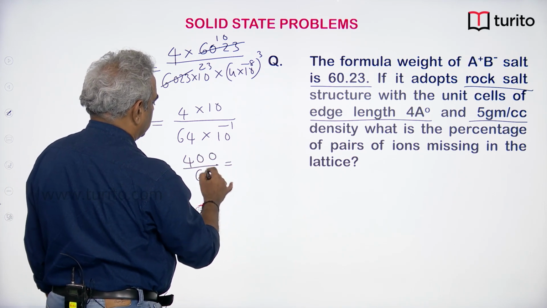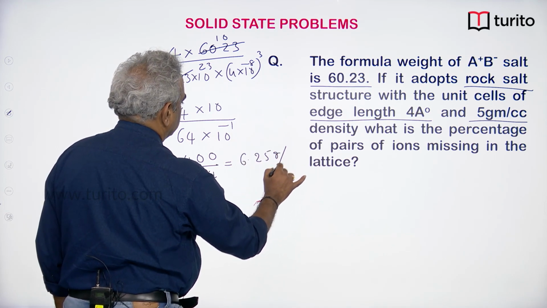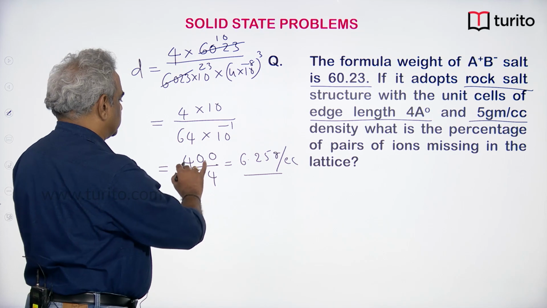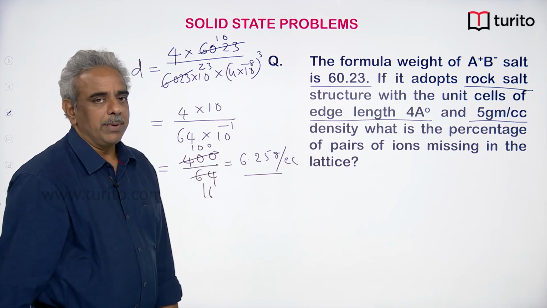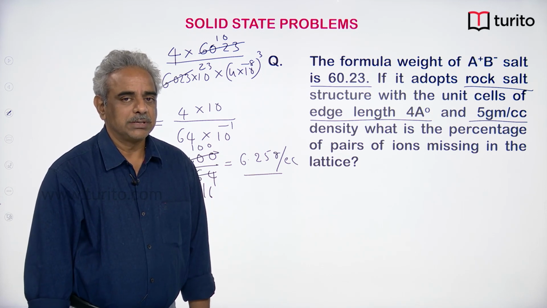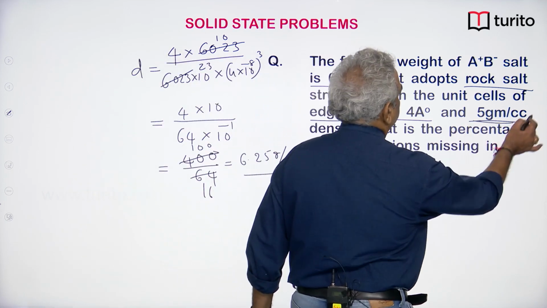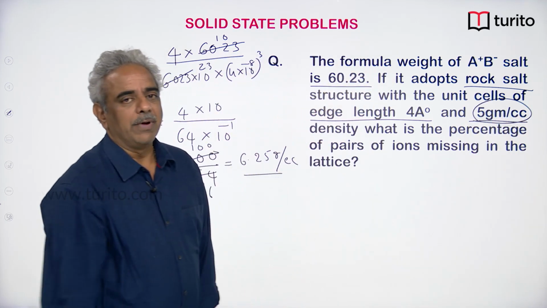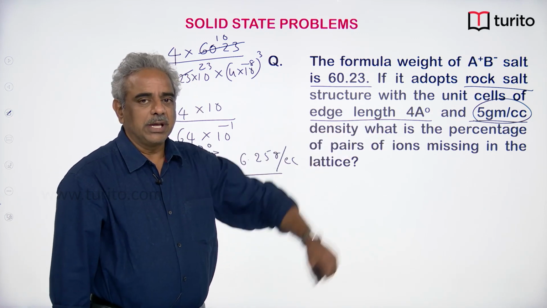This is nothing but 6.25 grams per cc, because this is 100 by 16, 25 by 4, 6.25 grams expected mass, sorry, expected density. But what is the density given in the problem? 5. So, expected density is this much, density given is less.